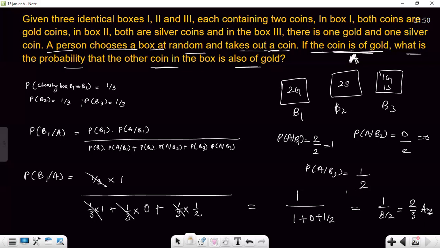This is an important question because it's the first example, and it is a very good example for you to understand what Bayes theorem is and why it is required. I would like you to read this question and solution once again, feeling every step. If you feel any doubt, you may ask.